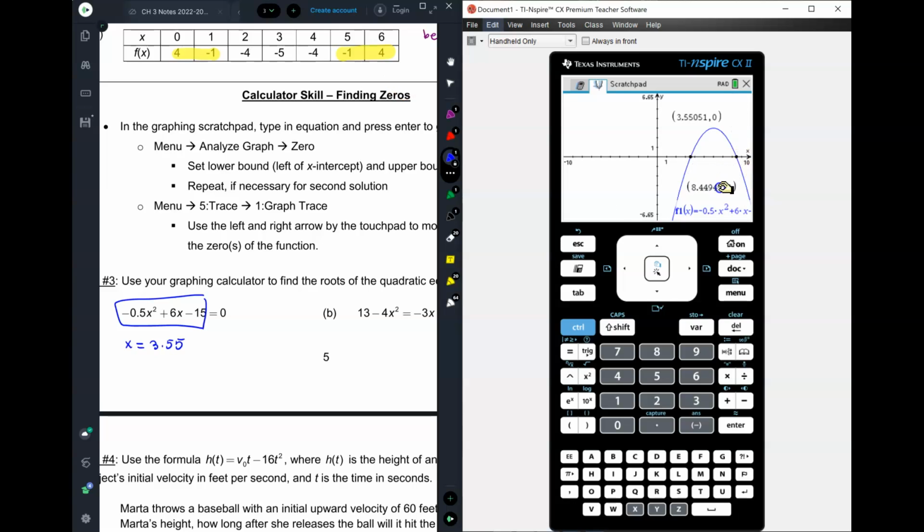You should get 8.45. You have to bring the cursor to the left of this point. You put the lower bound on the left.